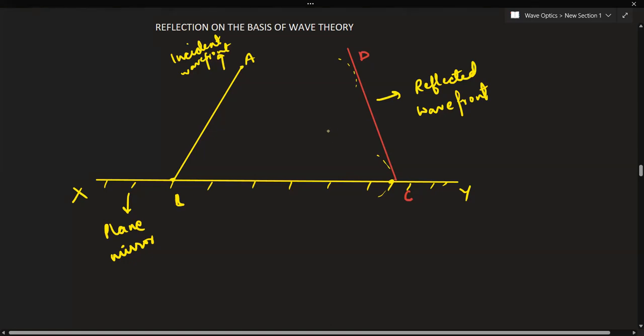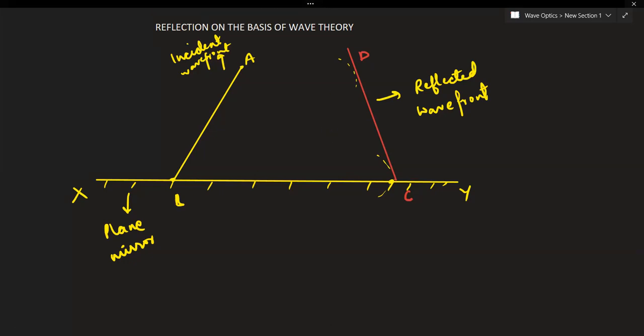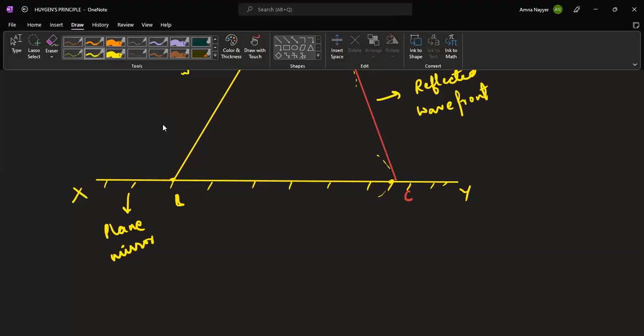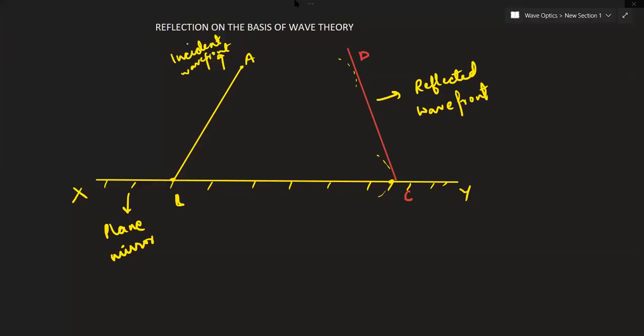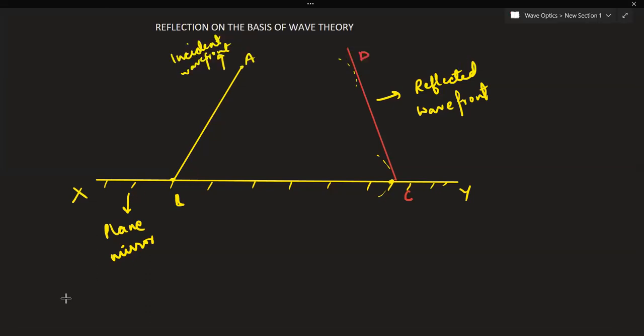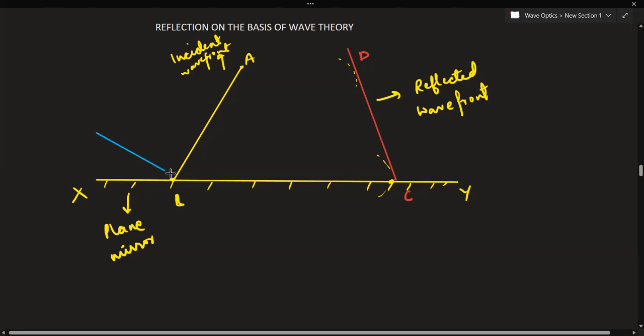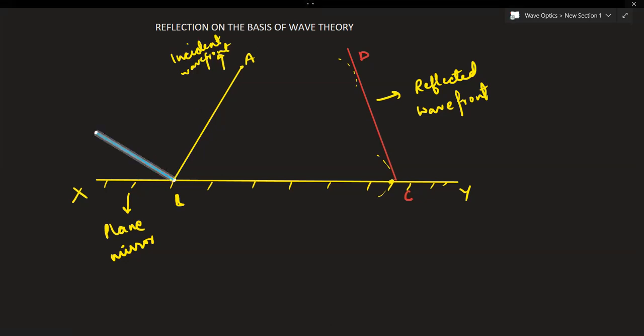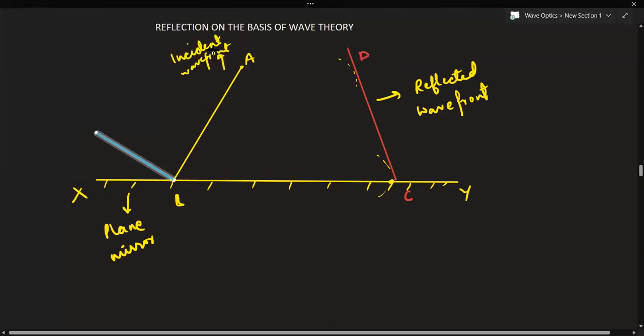Now see, let me take another color. If I take the rays of light perpendicular to the incident wavefront, one of them will be like this and the other one perpendicular to it will be somewhat like this.